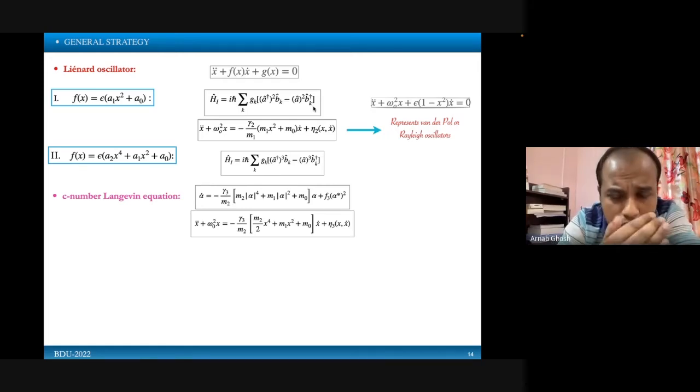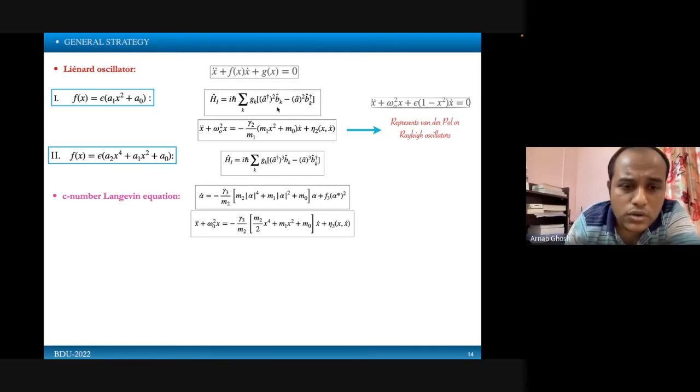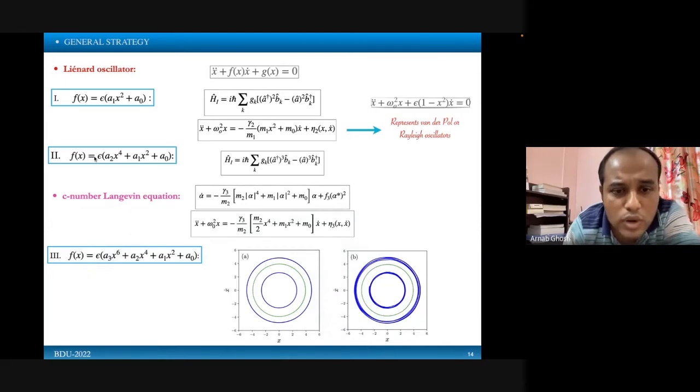Now coming back to what we are discussing, one can derive even the higher power polynomials of f of x from this form of the interaction Hamiltonian, where the C-number Langevin equation is given by this. Similarly, with the same substitution as we have done, you don't need to change the substitutions, you can exactly get back this form of the dynamical equations.